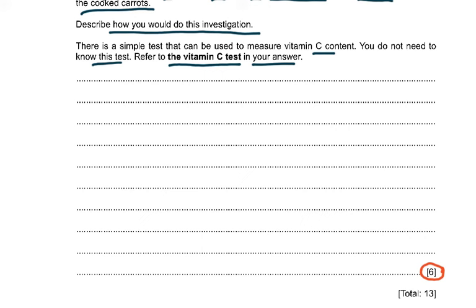Then the vitamin C test was used to determine the content before cooking, and then the vitamin C test was used to determine the content after cooking. So before you did any of the cooking procedures, you tested it, and then you tested it after that. And then the last point which you can write in any one of these questions is you repeat the procedure to see if similar results are obtained.